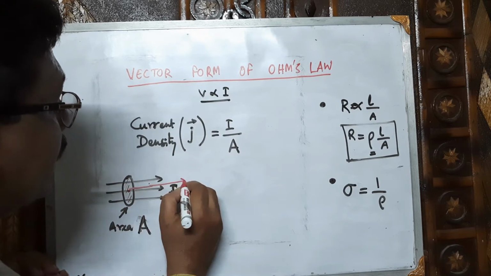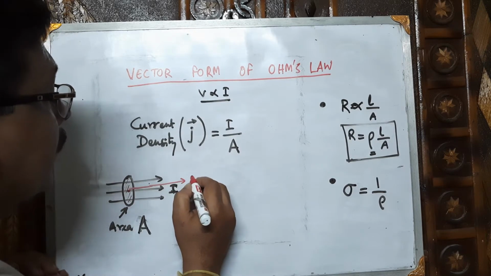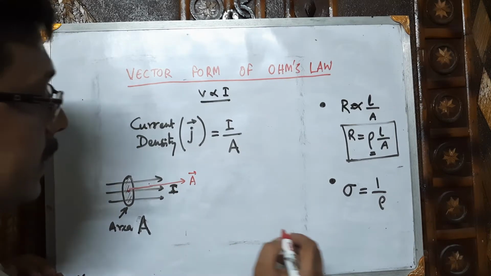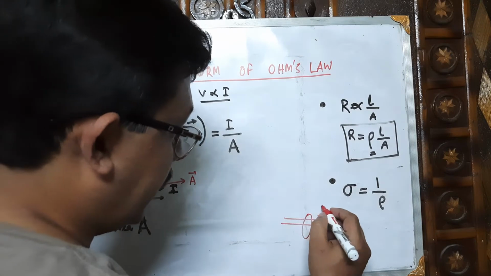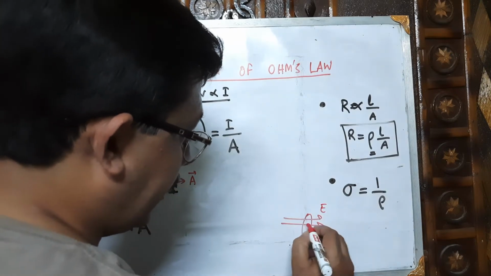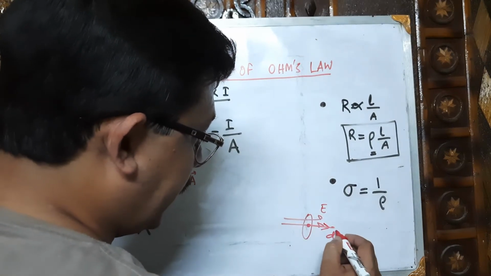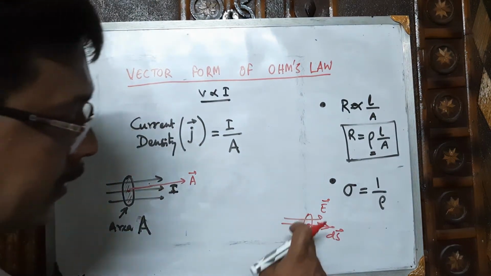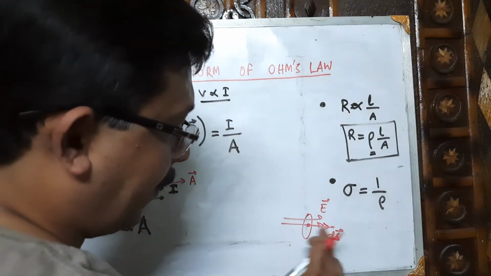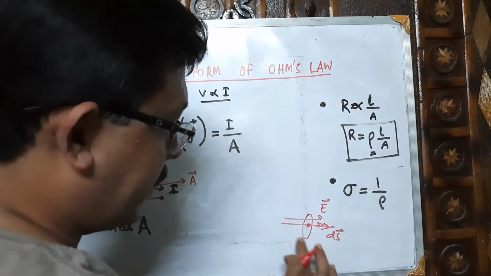The lines of force in static electricity, the electric field coming out, and ds, the area vector, is perpendicular, along the same direction. So the area was denoted by a vector perpendicular to the area.